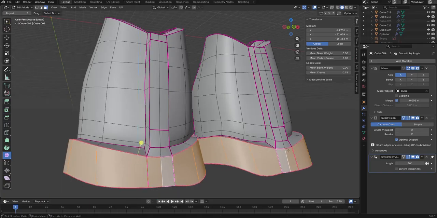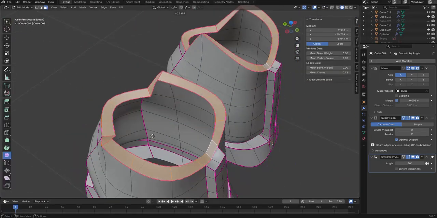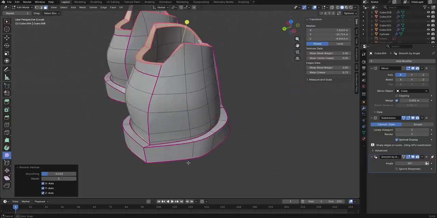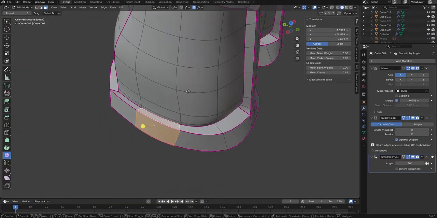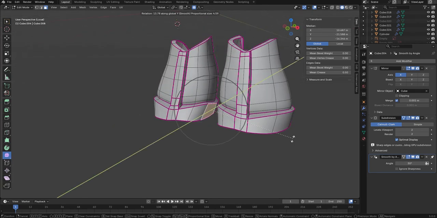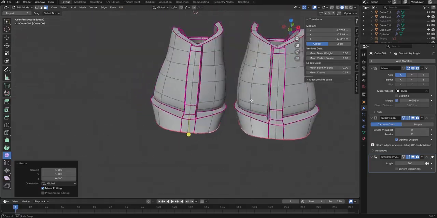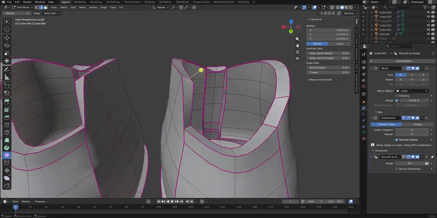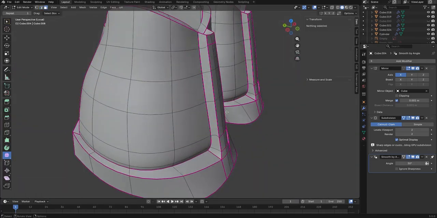Because we didn't plan the whole structure, we need to go with the flow instead of against the flow. Otherwise, we need to recreate the whole model, and that is not what we are doing here. We are creating a character out of references that we enjoy. So let's keep that in mind.